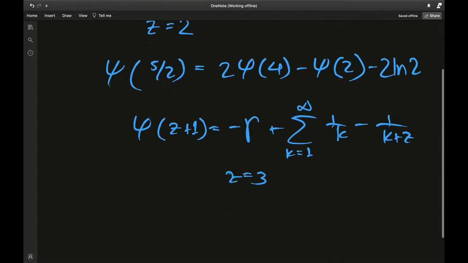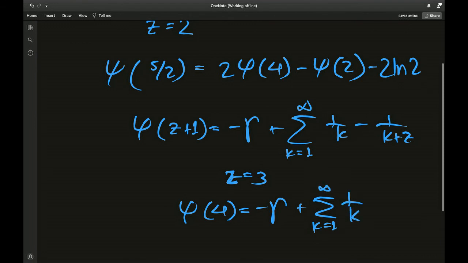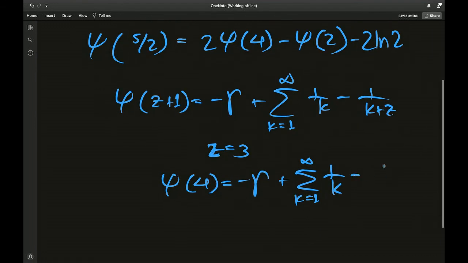Take z equals 3 now. Digamma of 4 is negative Euler-Mascheroni plus sum from k equals 1 to infinity of 1 over k minus 1 over k plus 3.